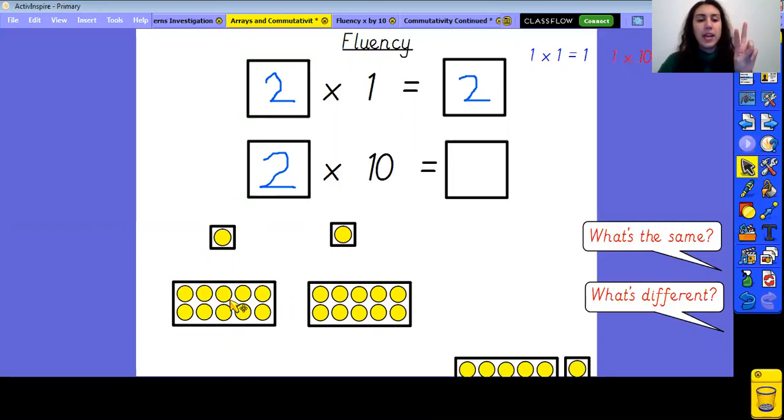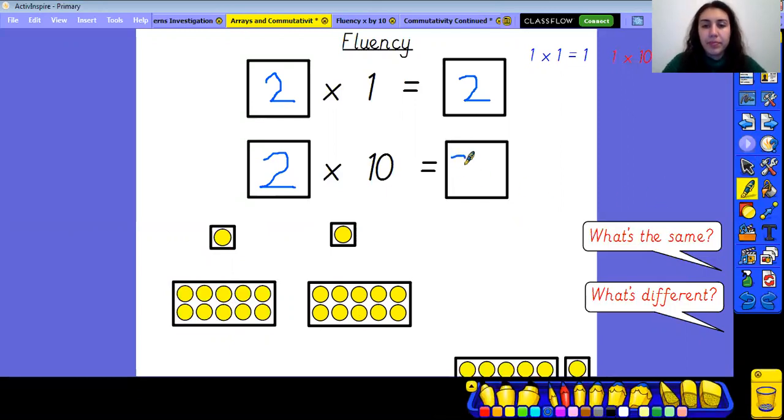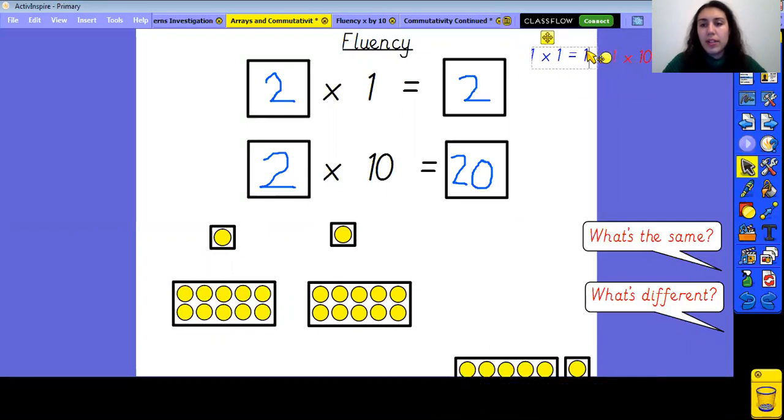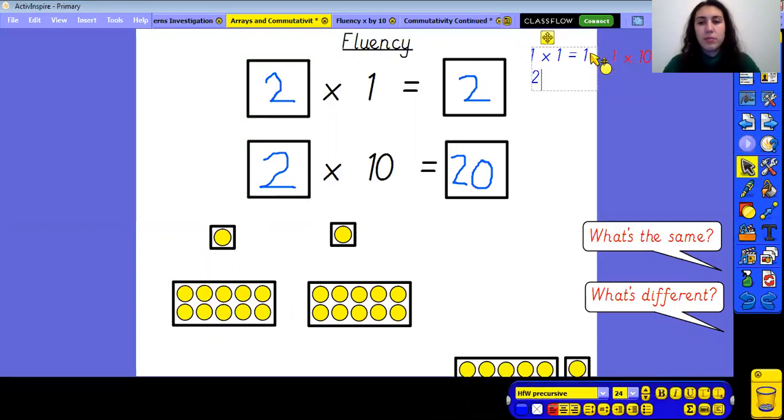So I go 10, 20. Excellent. There we go. And let's add that to our list here. So then 2 times 1 equals 2, not 3. And 2 times 10 equals 20. There we go.